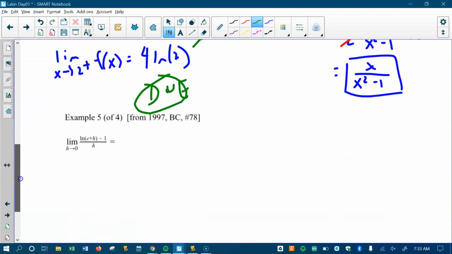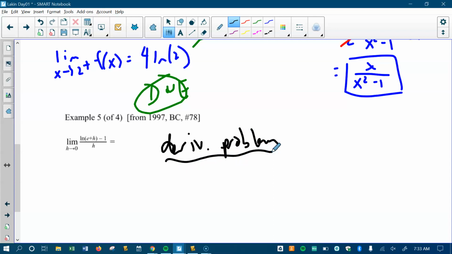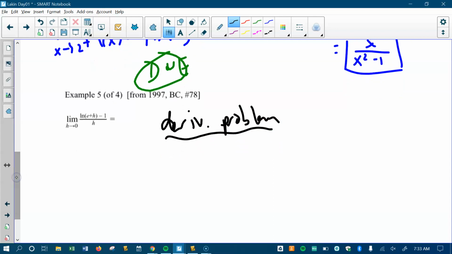Let's go to number 5. This is a derivative problem. This is not a limit problem. This is a derivative problem. A sheep dressed in a wolf's clothing. Nothing to fear. Here's why. F of x is ln of x.